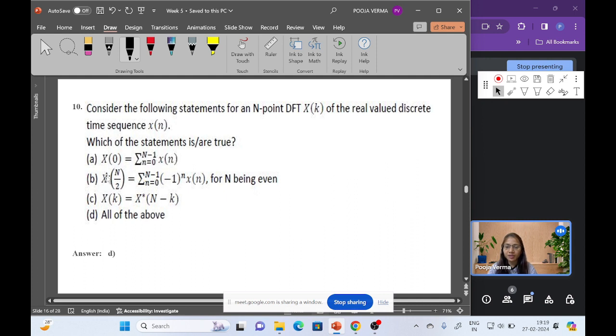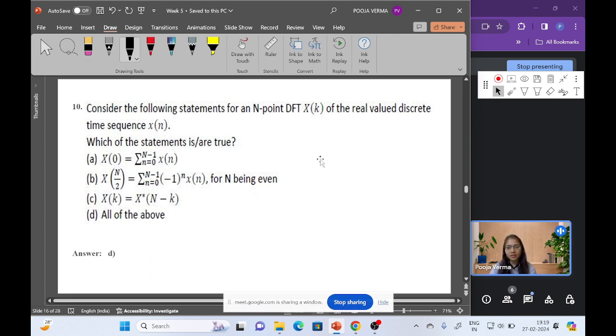And option B, X of n by 2 is equal to summation n is equal to 0 to n minus 1 of minus 1 to the power n x of n, for n being even. And option C, X of k is equal to X conjugate of n minus k. And option D, all of the above. So can any of you answer this question? These are the properties of the DFT.